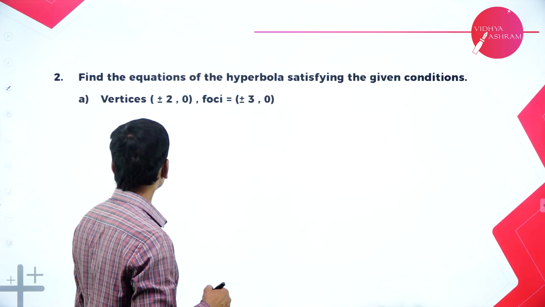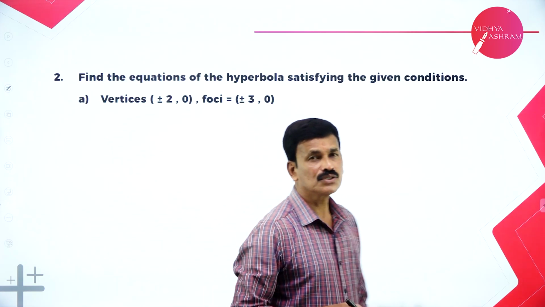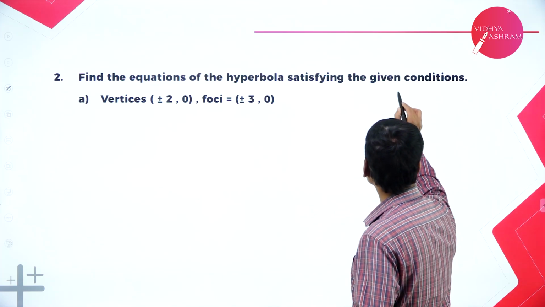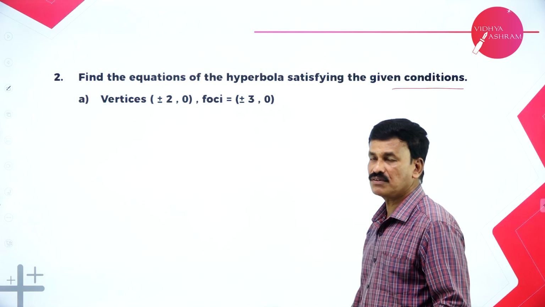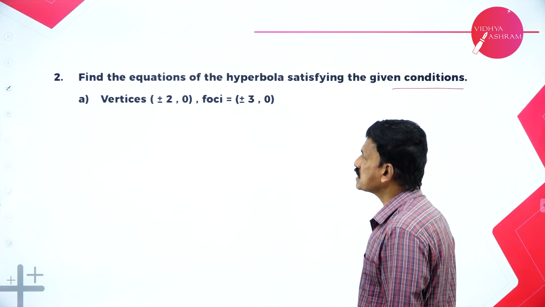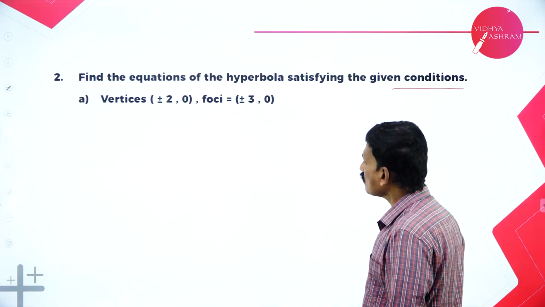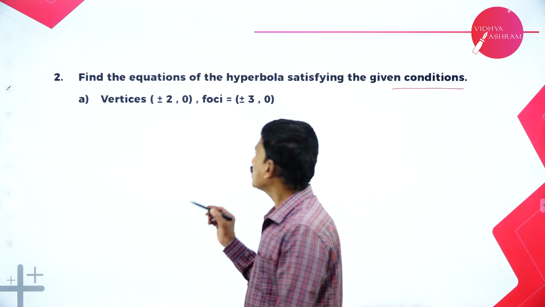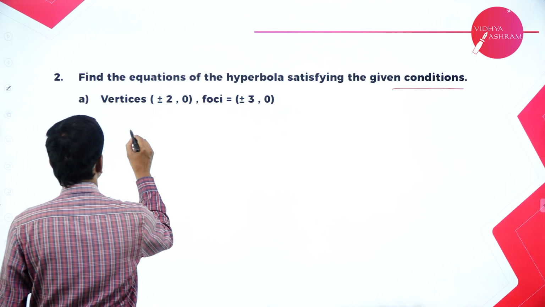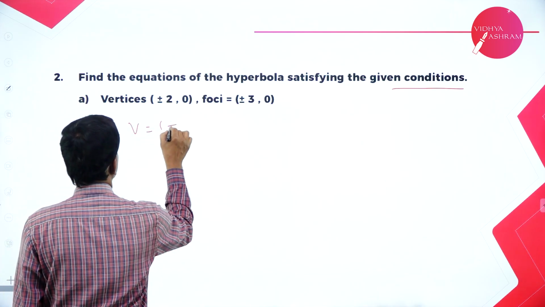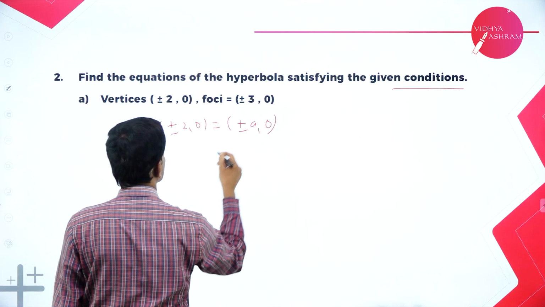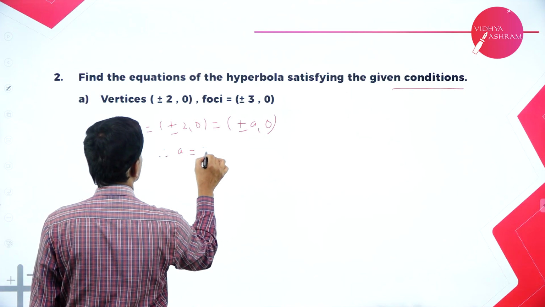Now move on to the next type of problems, the second set: formation of a hyperbola. Find the equation of the hyperbola satisfying the given conditions. What are the given conditions? Vertices are plus or minus 2 comma 0 and the foci are plus or minus 3 comma 0. The vertices are plus or minus a comma 0, therefore a is equal to 2.